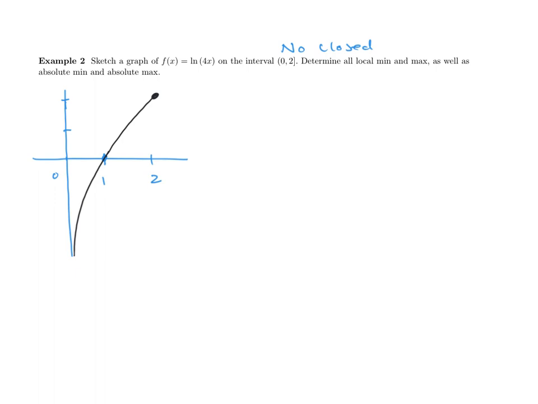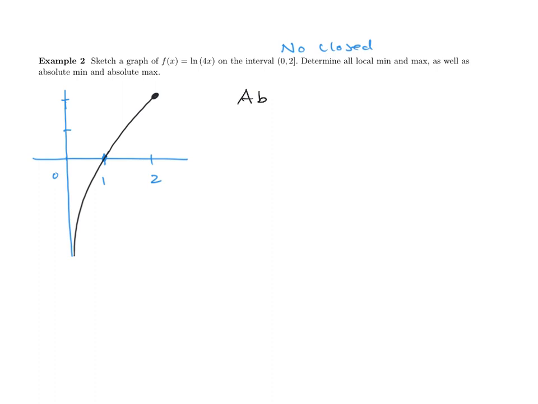So are there any local max and mins? Or what about absolute max and absolute mins? If we start with the absolute mins and maxes, we're allowed to use the endpoints, except for this one just because we're excluding it from this interval. So in that case, there actually is a largest overall y value, and that occurs at x is equal to 2.